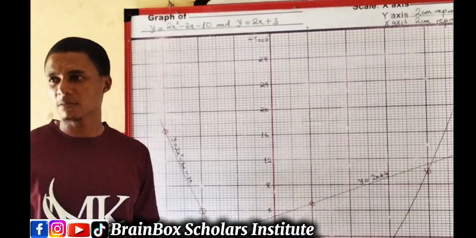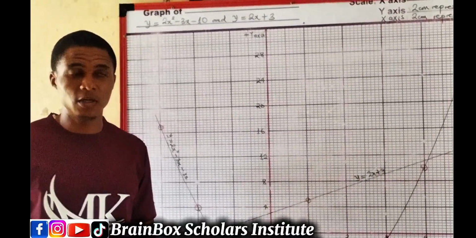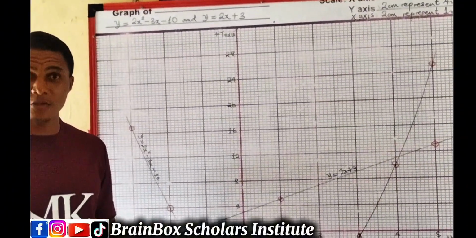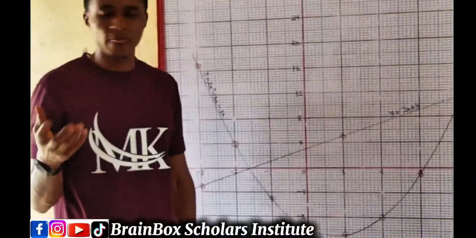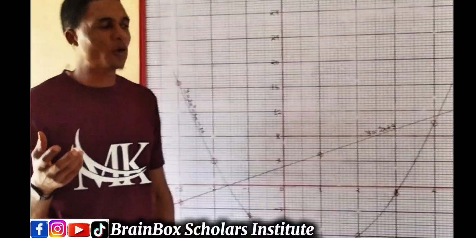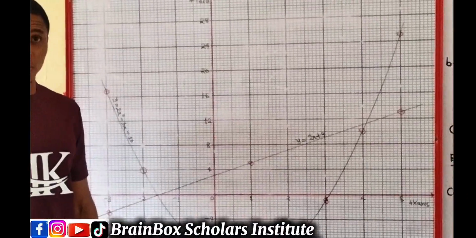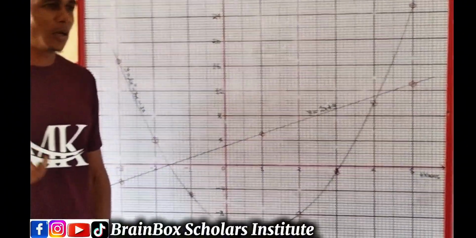Attention please. Do you see that? Are you following? The only way to solve this is to compare. Am I making sense? So I'm going to compare this with the given equation.